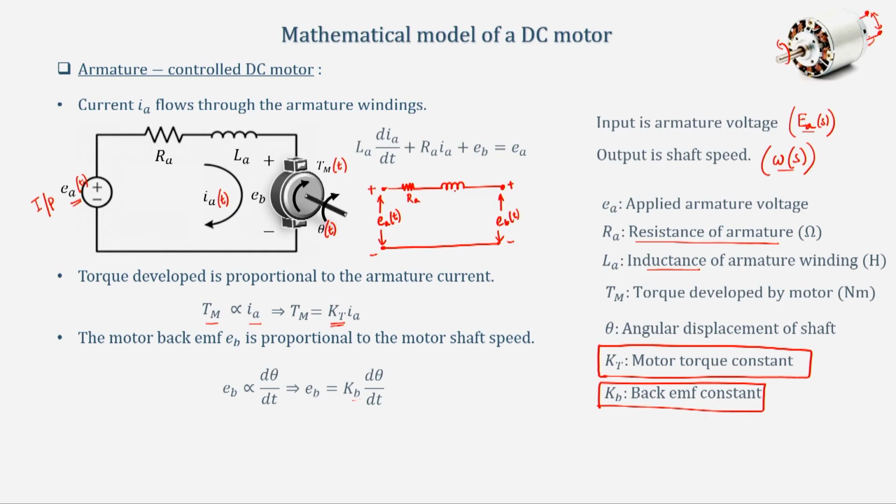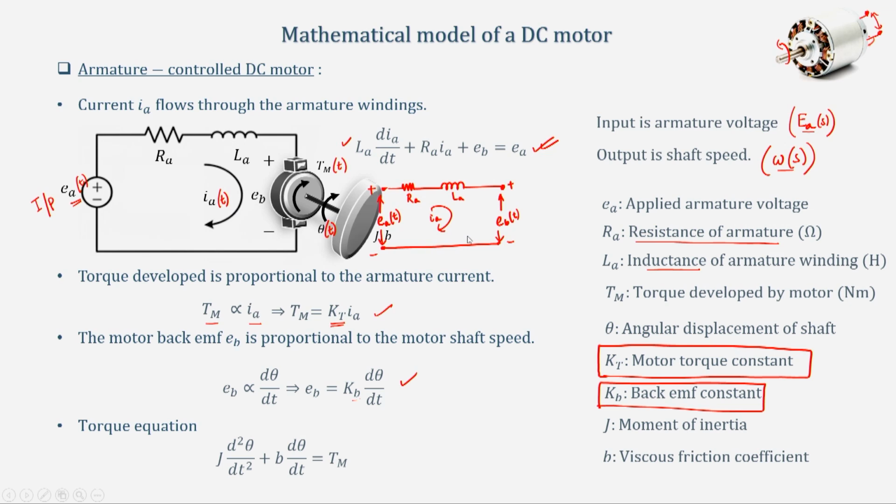You see the current direction was in the other direction. So, from this circuit you can directly find out, using the simple KVL rule, this equation. So, we have 3 equations, 1, 2, 3. And then there is another equation.